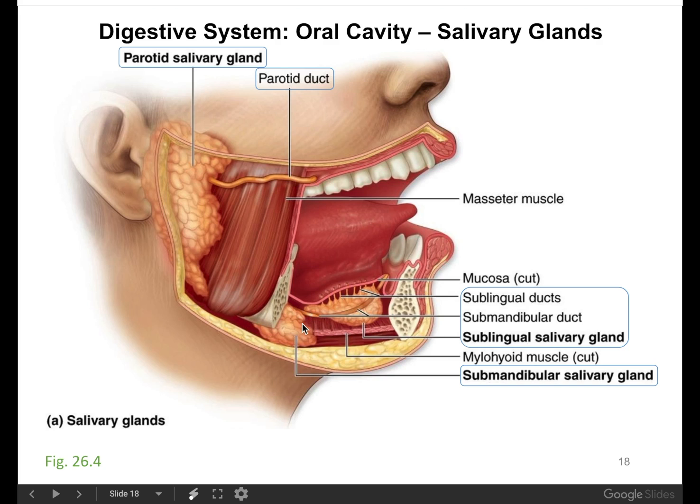Its duct runs up and empties right behind the front teeth here. So this is how you gleek: you milk this salivary gland with your tongue, and then it comes out right here, right behind your teeth. I haven't figured out how to do it myself, but it's a nice, fun, stupid human trick.